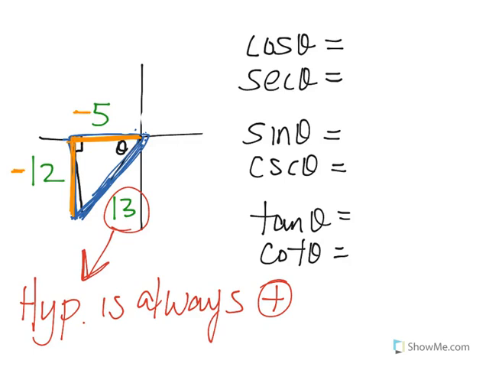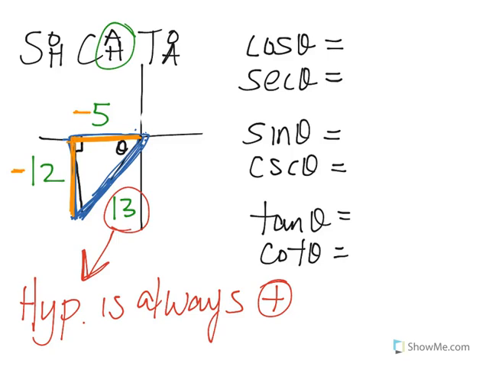Okay, so cosine is adjacent over hypotenuse, right, based on SOHCAHTOA. So our adjacent side to our theta would be -5, and the hypotenuse is always opposite the right angle, so that's going to be our 13.